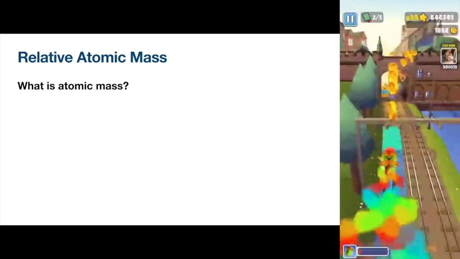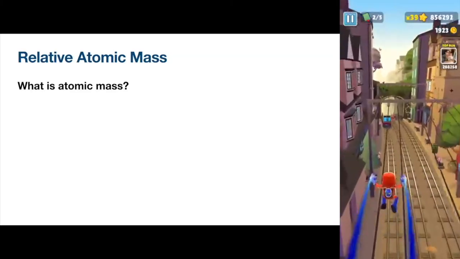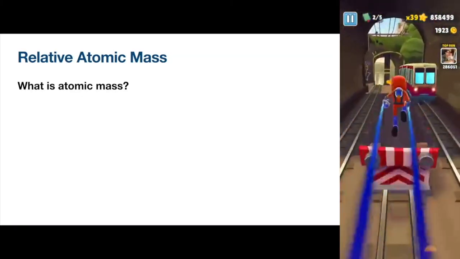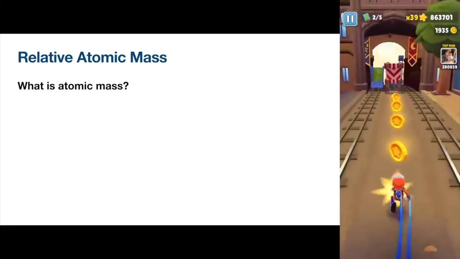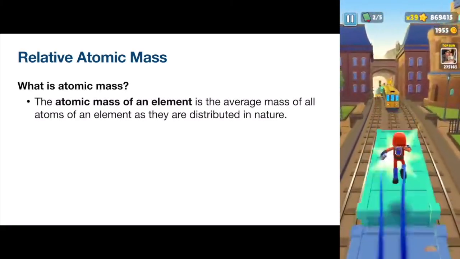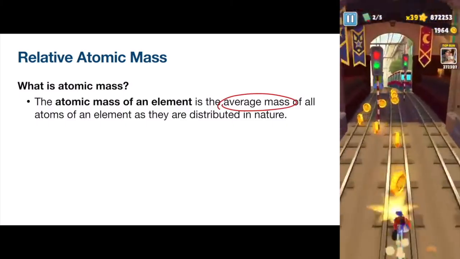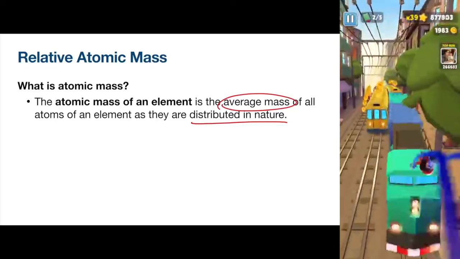Instead, their masses are averaged based on the masses of the isotopes and their natural abundances, or how common each isotope is in nature. Therefore, the atomic mass of an element is the average mass of all atoms of an element as they are distributed in nature.